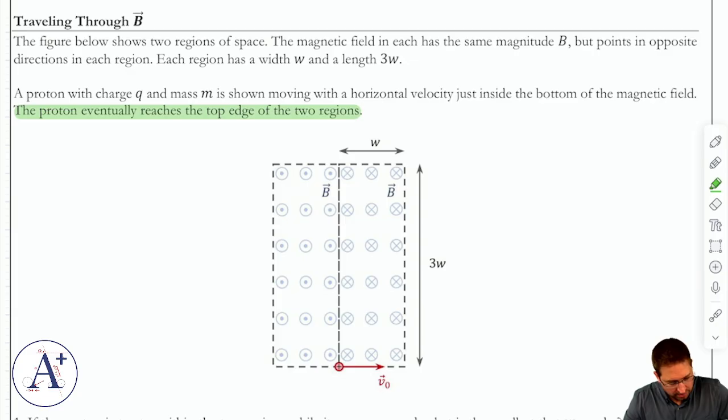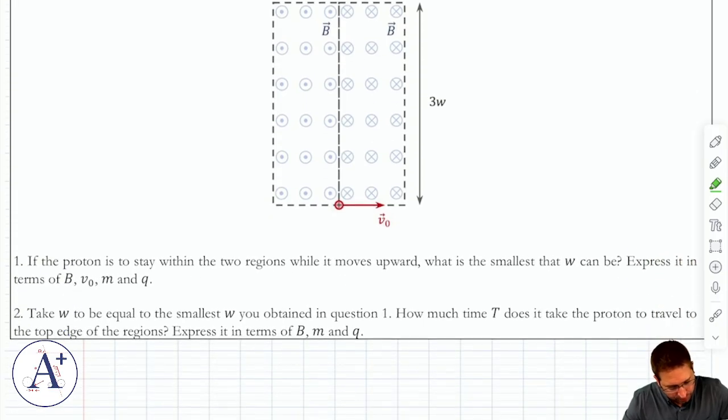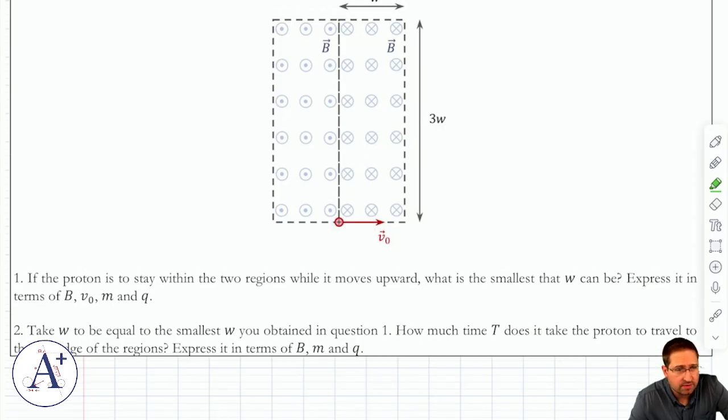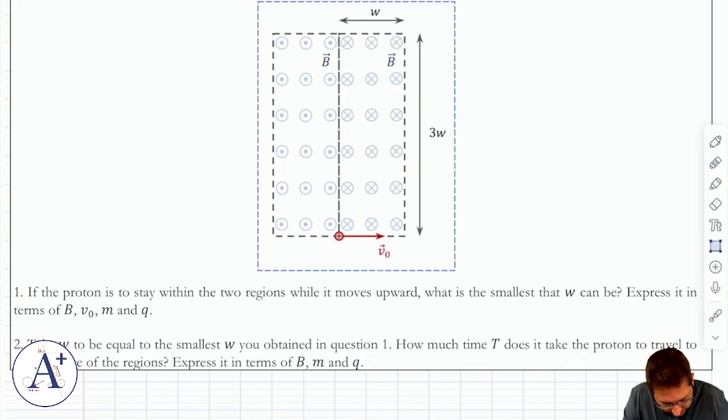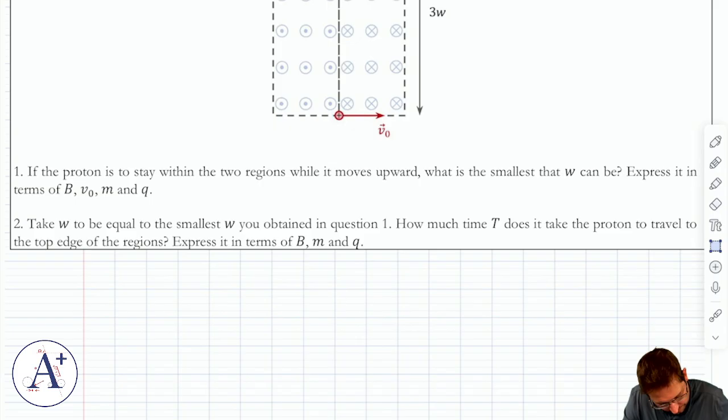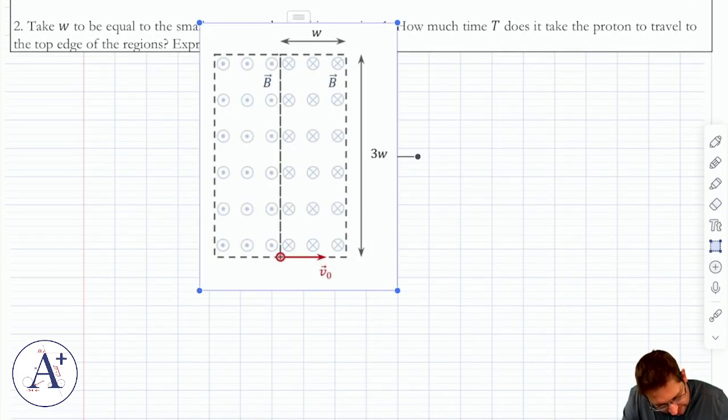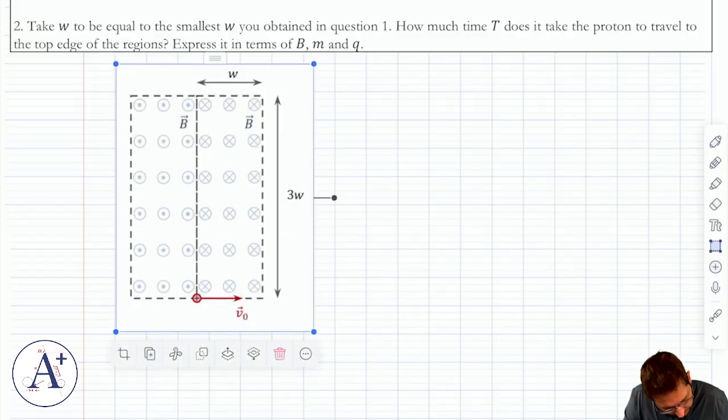Then, if the proton is to stay within the two regions while it moves upward, what is the smallest that W can be, the width of that region? And then if we take W to be that width, how much time does it take the proton to travel to the top edge? So this is a really clever problem. I really like this problem. Let's figure out what happens.